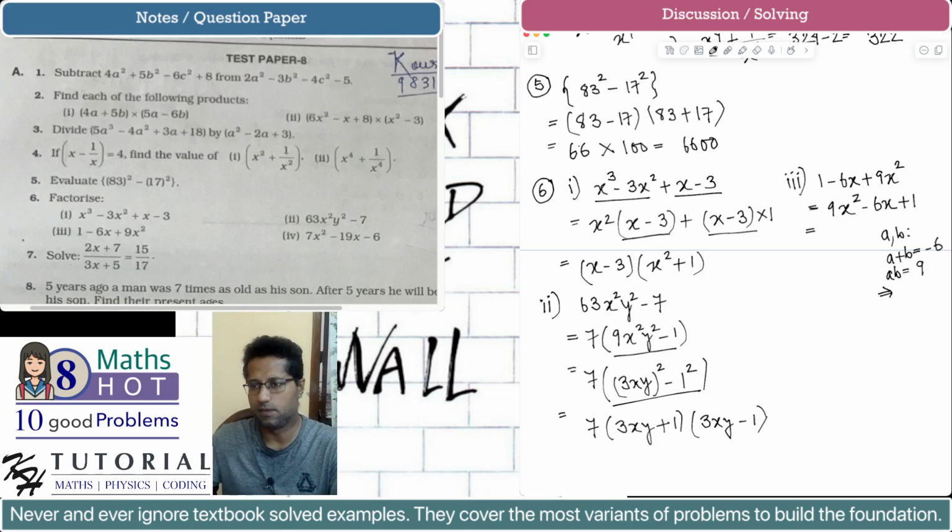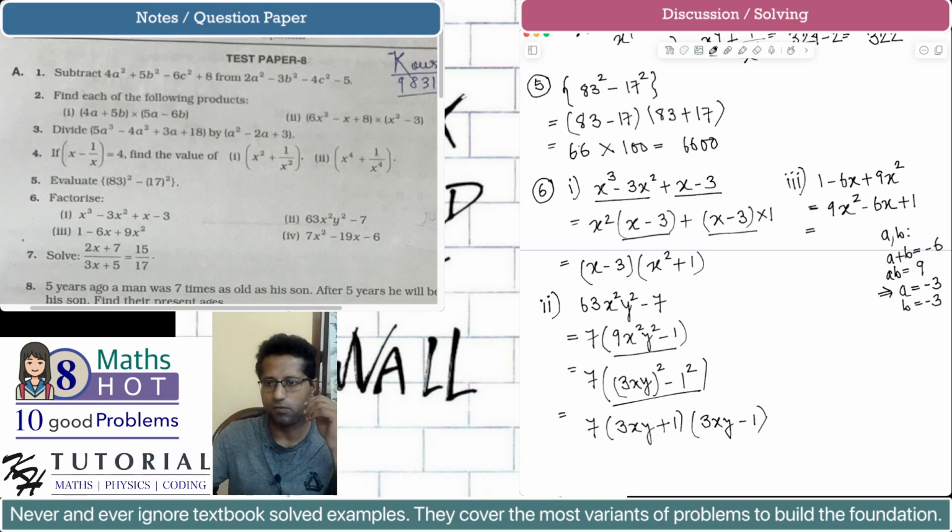We can clearly see that a is equal to minus 3 and b is equal to minus 3, because their sum will be minus 6 and the product will be 9.